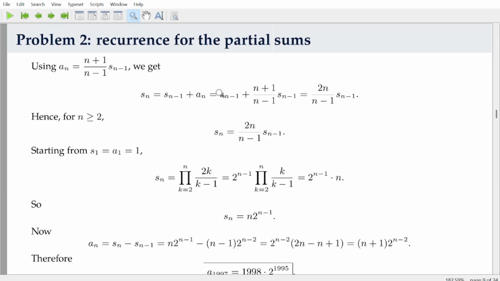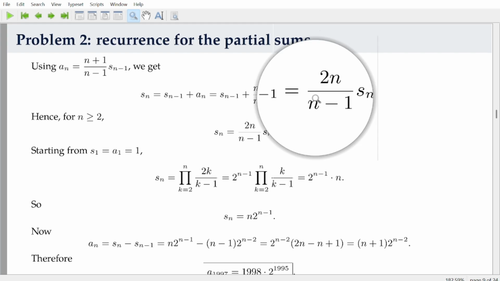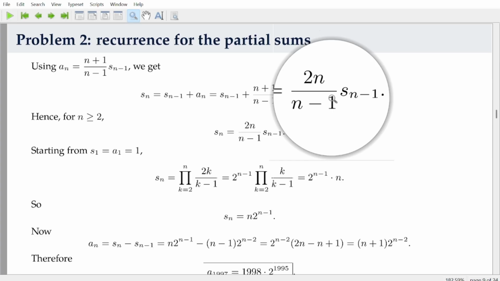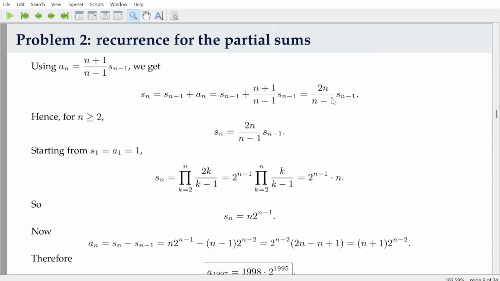And that gives us this stuff on the right-hand side, right? Because we have s sub n minus 1 plus a sub n, which is this term here. And when you do the algebra, because you have s sub n minus 1 plus some multiple of s sub n minus 1, you can combine those two things into one term. And effectively what you end up getting is that s sub n is equal to 2n divided by n minus 1 times s sub n minus 1.